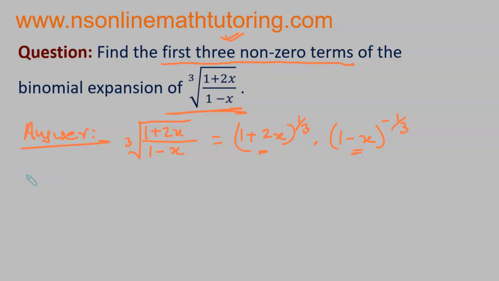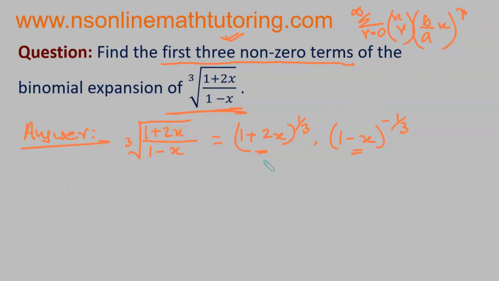Okay, so let us start with the first one, (1 plus 2x) raised to the power of 1/3. a is equal to 1, b is equal to 2. And what was the expansion? It was the sum over r equal to 0 to infinity of nCr times (b over a times x) raised to the power of r. This was the expansion.